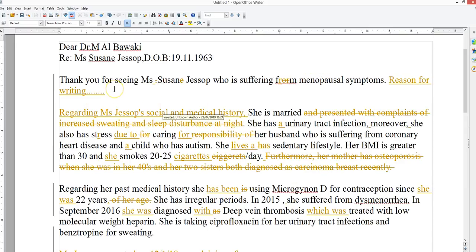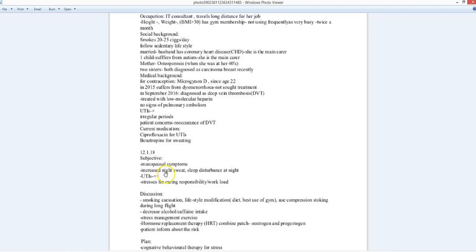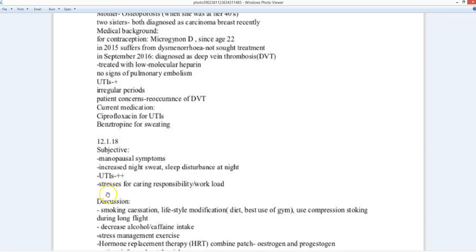We've got the reason for writing. I want you to do this. I'm going to give you some information about this patient. She's had this. Okay. The initial presentation, she presented complaining of menopause symptoms, disturbed sleep and sweating, and stress caused by the previously mentioned caring for husband and child.